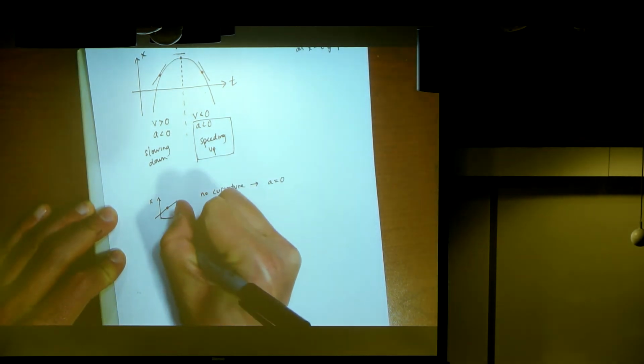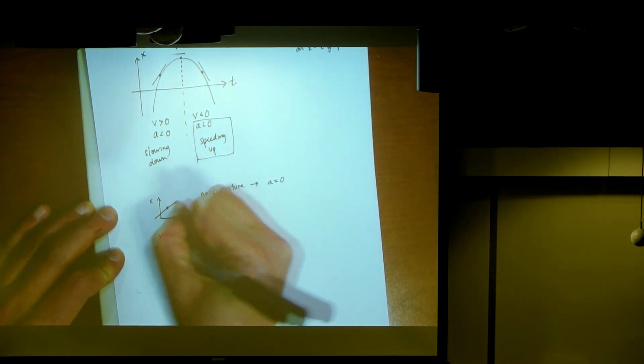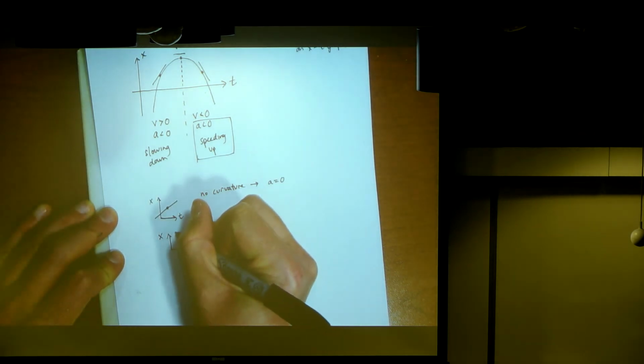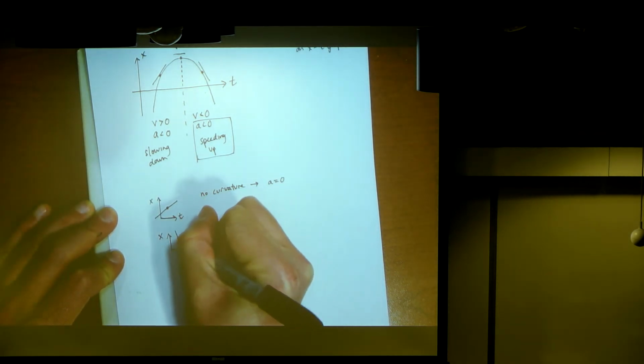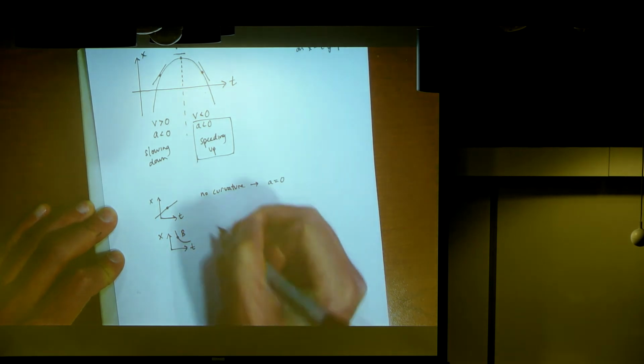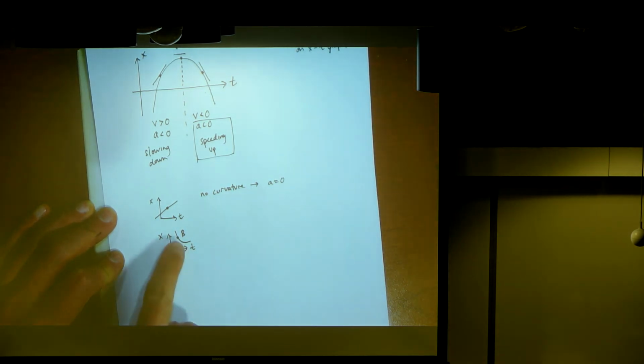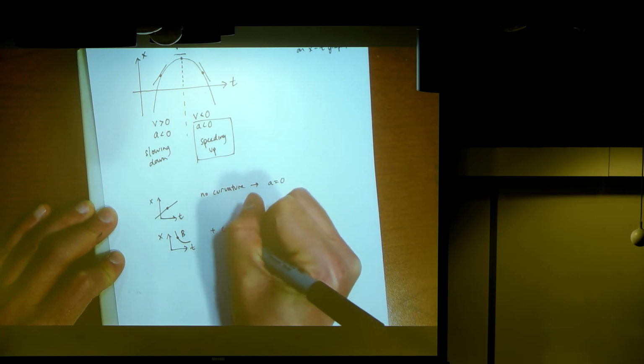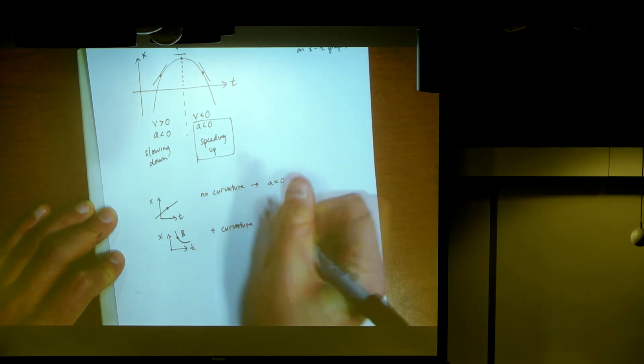So at point B, our x versus t graph, again, I'm just going to zoom in at the portion of the graph that's around point B, which is like here. What can we say about the curvature of our graph? Is it positive or negative? Positive. Yeah, it's positive curvature. It's concave up.